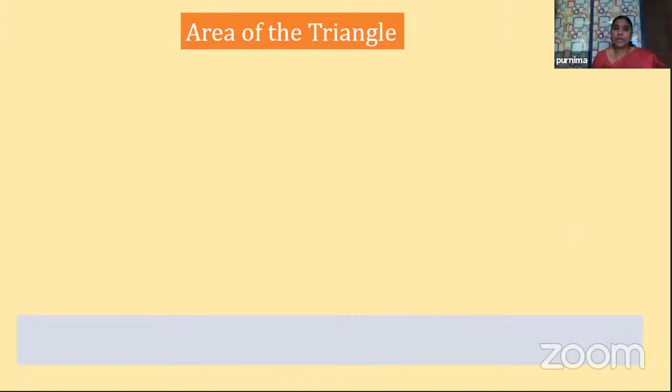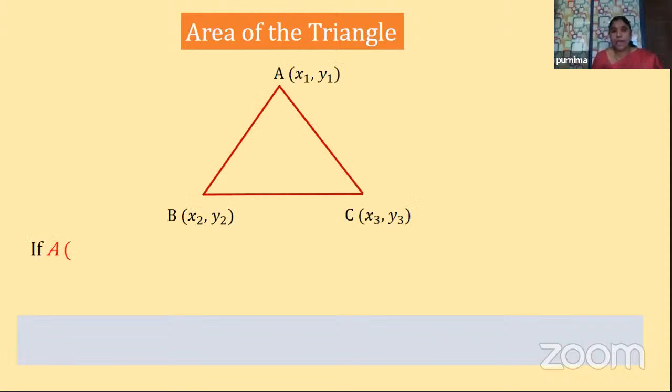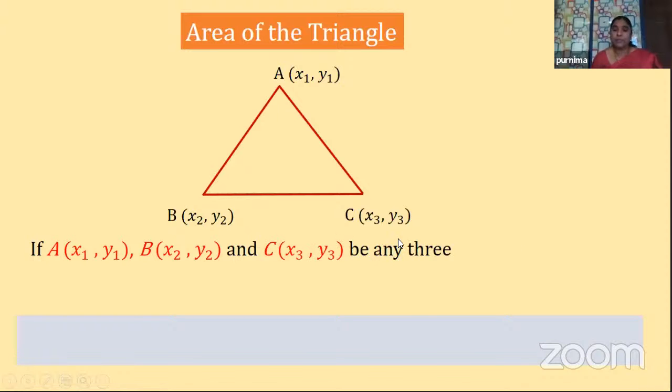So before going to the next sum, let us have a concept of area of triangle. You had it in your 10th class, children. So let us see the area of triangle. What does it mean? Now here let us have a triangle ABC. So the vertices of the triangle are given by what? A (x1, y1), B (x2, y2), and C (x3, y3). So if these are the 3 vertices of the triangle given, then what is the area of triangle formula?